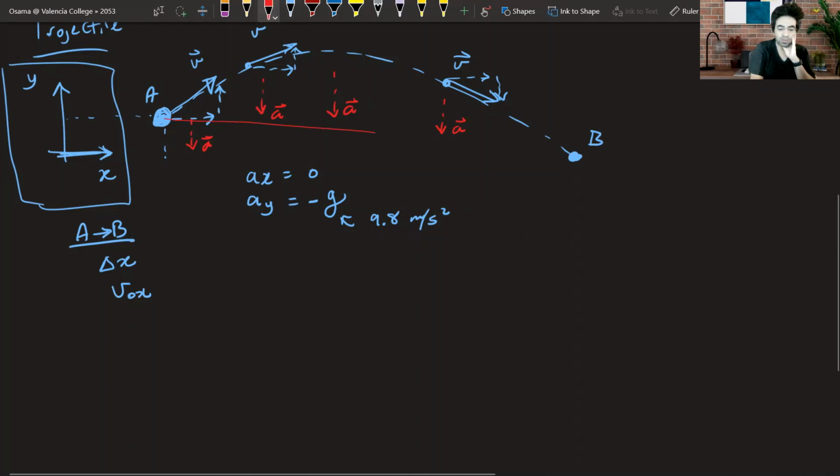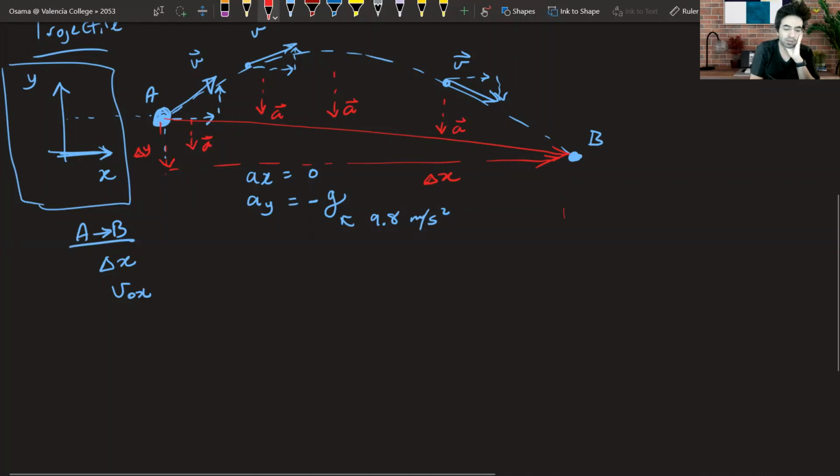So this is the whole displacement from start to finish. So this would be the Y component of the displacement from here to here, and then from here to here would be the X component of the displacement. So the X in this case sometimes is also called the range, and it's the displacement in the X direction from the start to the finish.